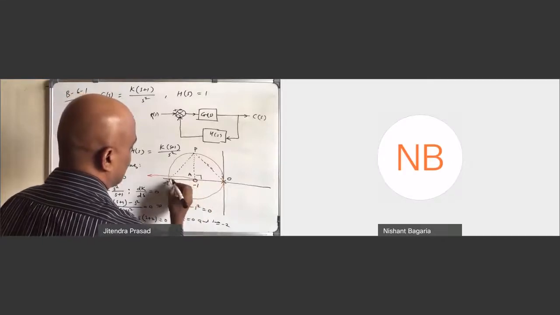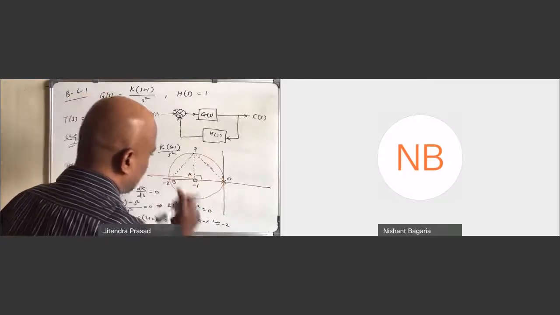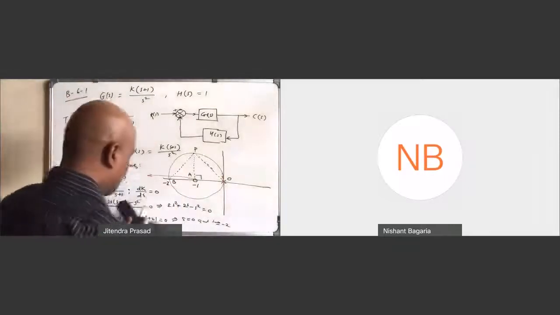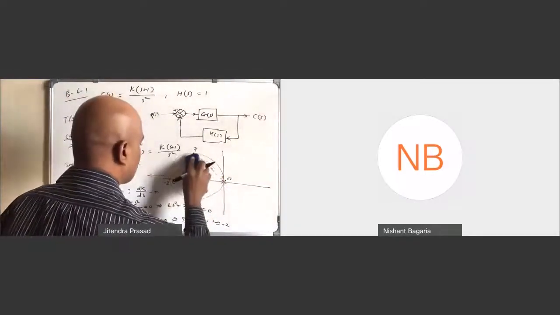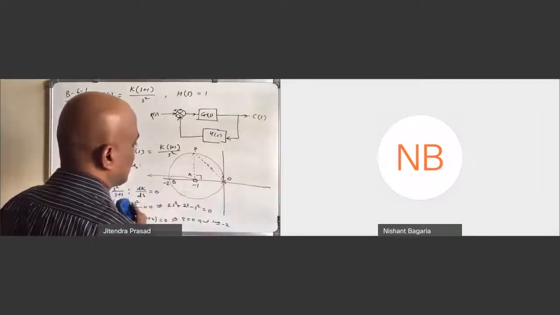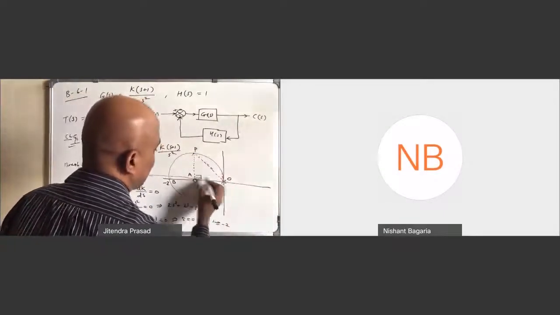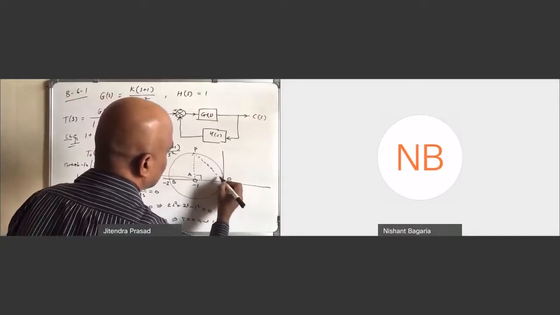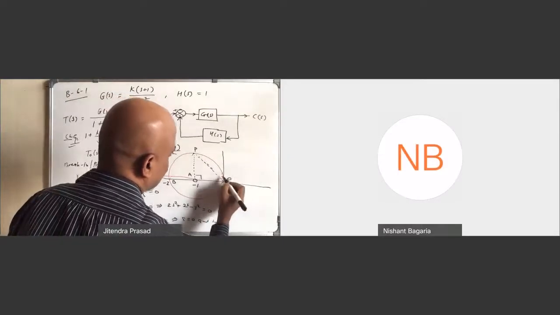So this one is not relevant. Although I have drawn this one, it is not a pole, so only these two poles are there. Okay, so then what happens? This is 90 degree. We can easily find out what should be the angle, and we can find out others as well.